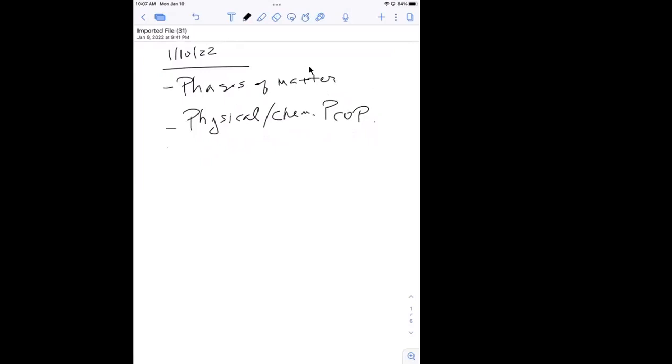All right. And then of course we've got to talk about measurements. We're going to be doing a lot of calculations, so we need to talk about sig figs and how to convert between units and things like that. And then we're also going to talk about some mathematical treatments of measurement results.